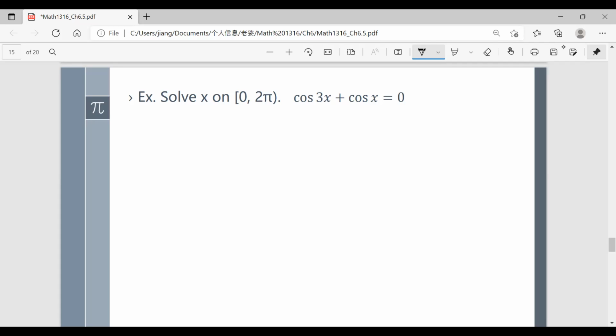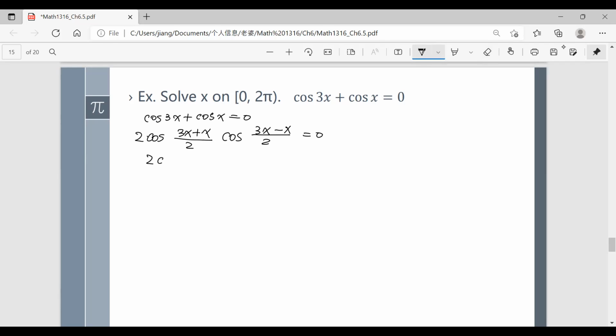So cosine 3x plus cosine x equals 0 equals 2 times cosine of (3x plus x) over 2 times cosine of (3x minus x) over 2, equals 0.